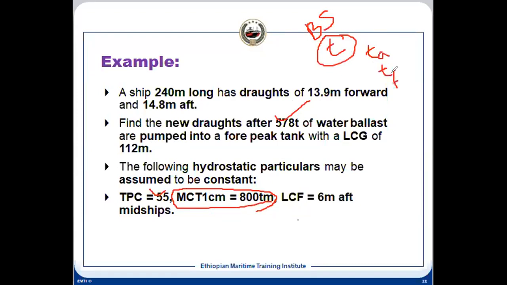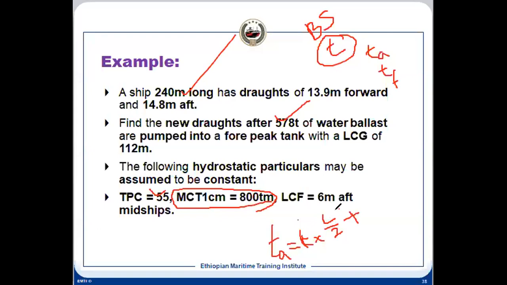So for TA and TF, we will be using the same formula we have derived previously. That is, TA is equal to the trim, which we have calculated from the trimming moment, multiplied by our formula, L by 2. L is given to us. This length is given to us, and then L by 2 plus LCF. For the aft, it will be plus because your LCF is aft of midship.